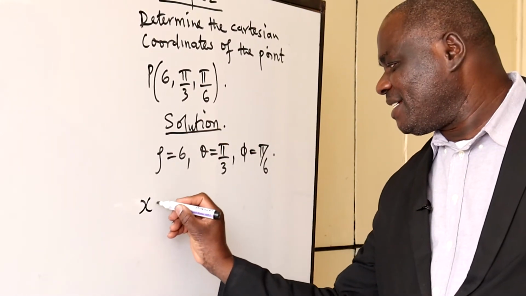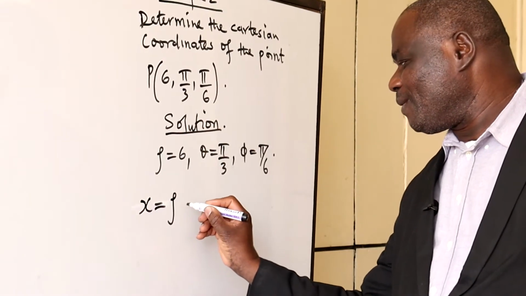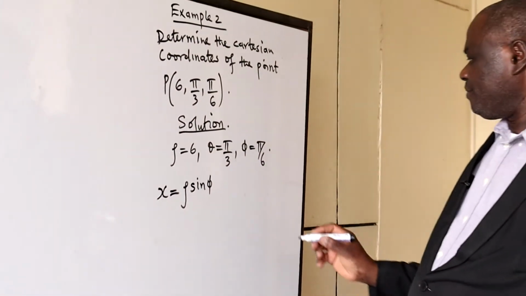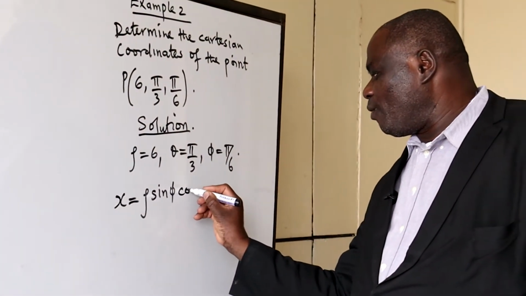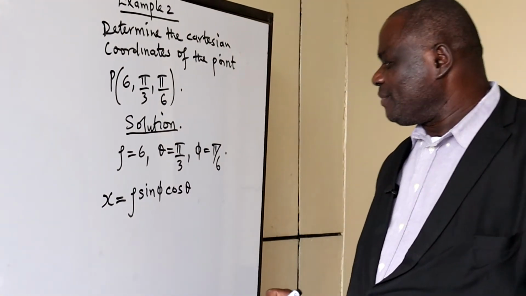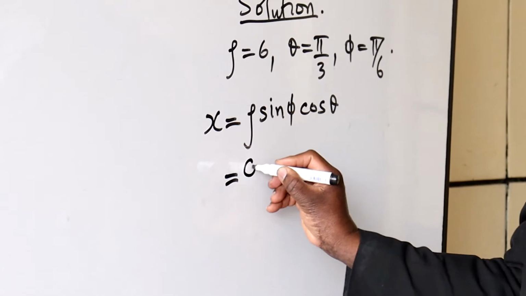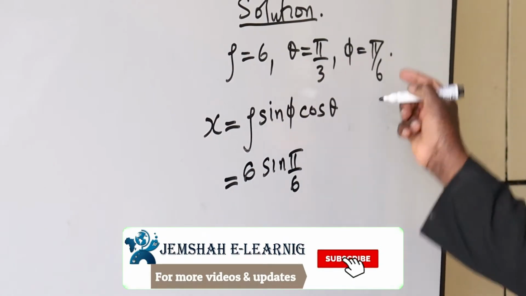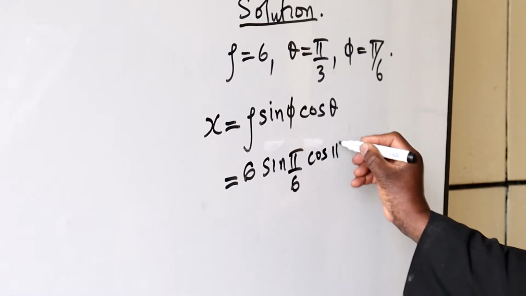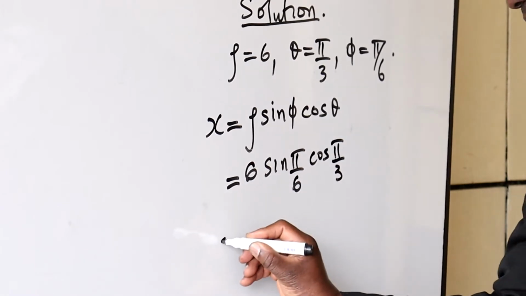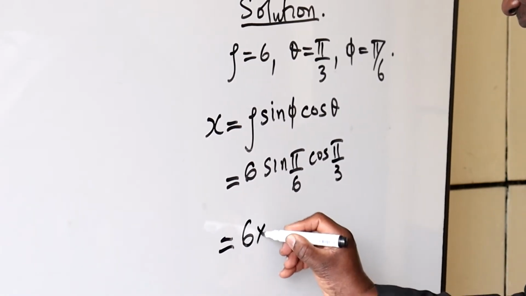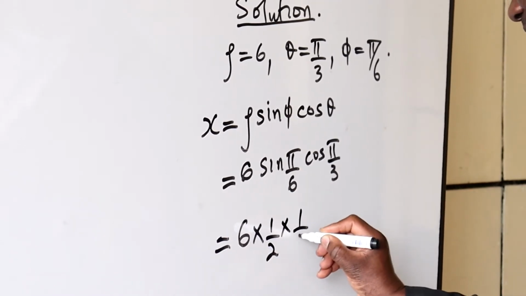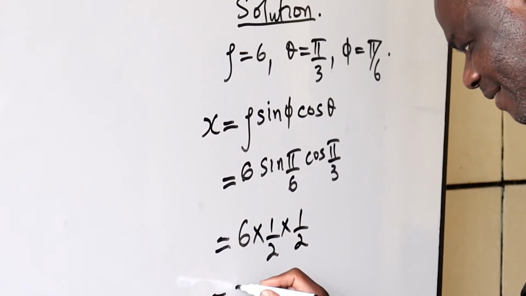So our x is given by rho sine phi cos theta, which is 6 times sine pi all over 6 times cos pi all over 3. Sine pi all over 6 is a half, cos pi all over 3 is also a half, which gives us 3 all over 2.